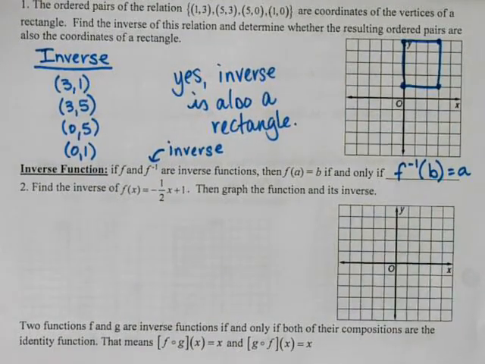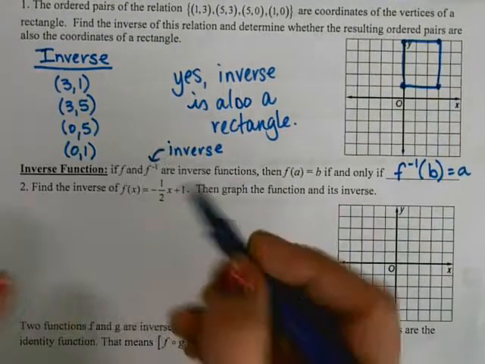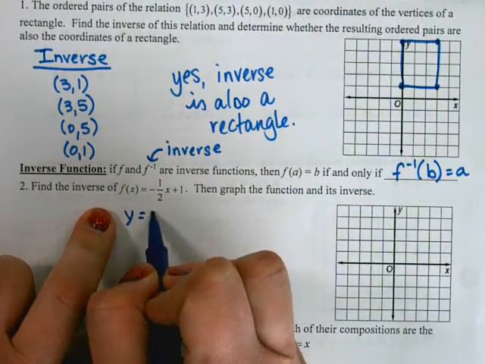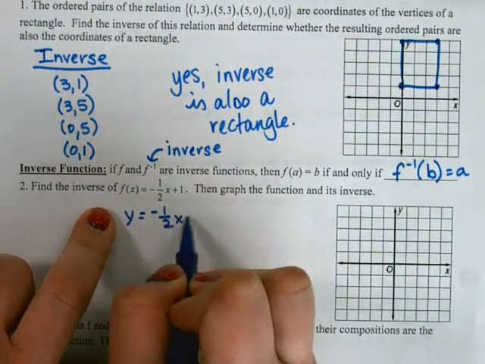So number 2 says find the inverse of f of x equals negative 1 half x plus 1. Then graph the function and its inverse. Okay, well remember this is a fancy way of writing y. So this is really y equals negative 1 half x plus 1.